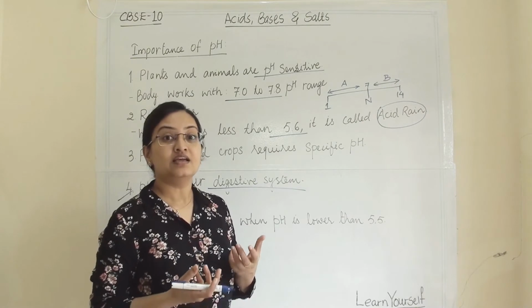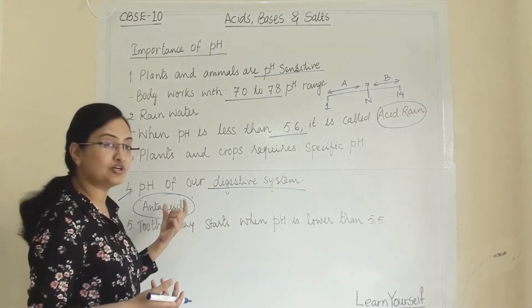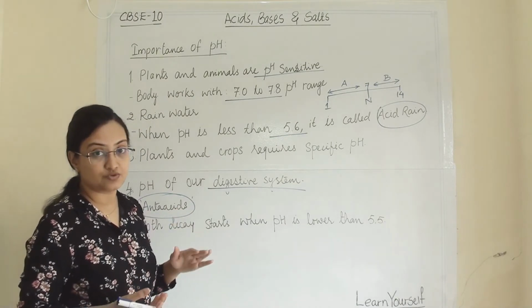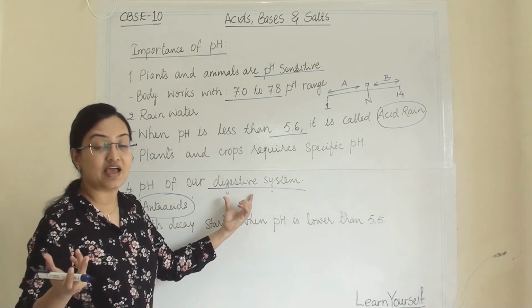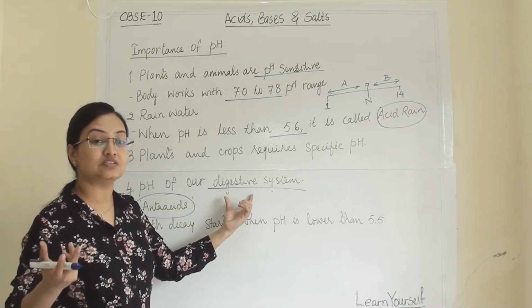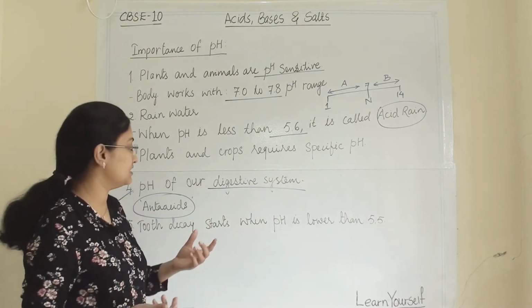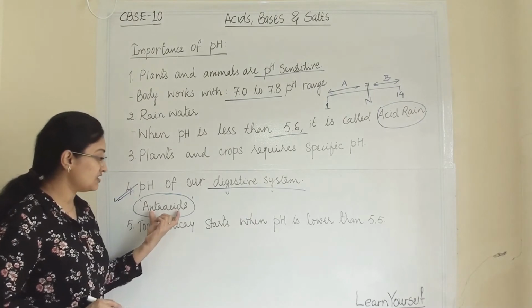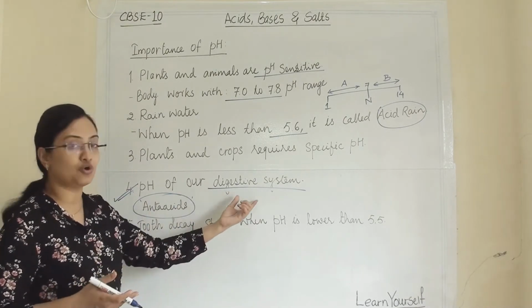They are all basic substances which help us balance the pH in our digestive system, and they nullify the effect of excess acid which has been secreted due to indigestion or acidity. So this is one of the important points, that with the remedy of antacids we can cure acidity or indigestion.